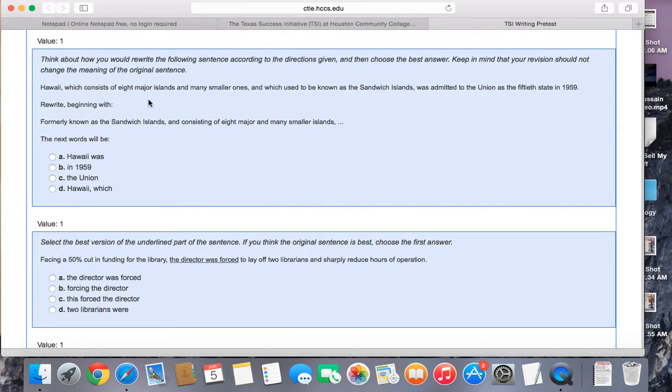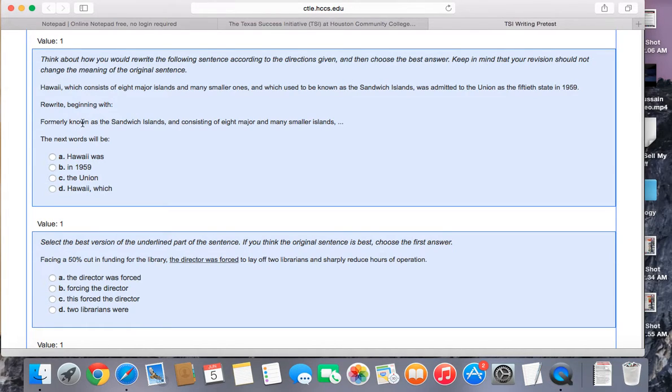Okay, Hawaii would consist of 8 major islands and many smaller ones, and which used to be known as Sandwich Islands, was admitted to the Union as the 50th state in 1959.